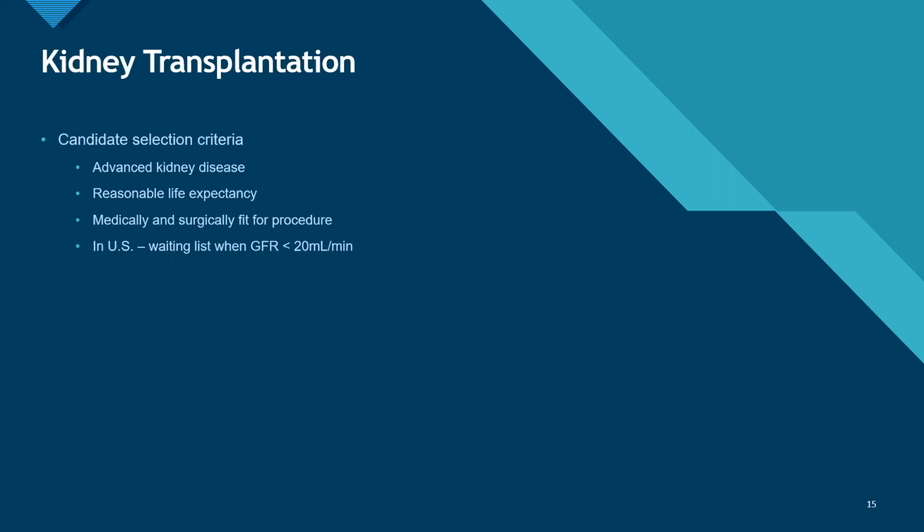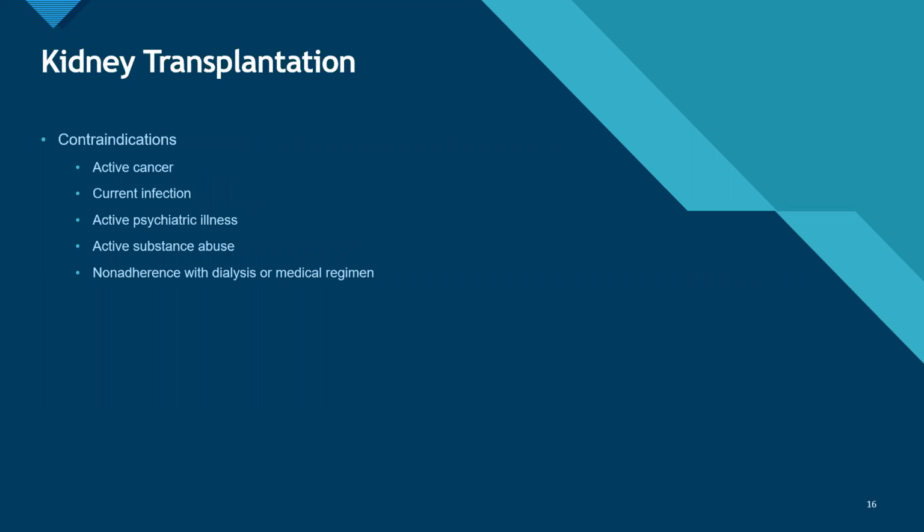So for a kidney transplant, the patients have to have a match, right? Advanced kidney disease, reasonable life expectancy, and they have to be fit for surgery. In the US, their glomerular filtration rate must be less than 20 milliliters a minute. Obviously, if they have metastatic cancer, an ongoing infection, or some psychiatric illnesses.